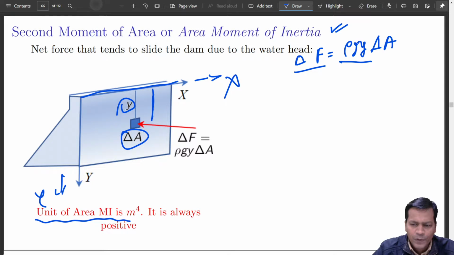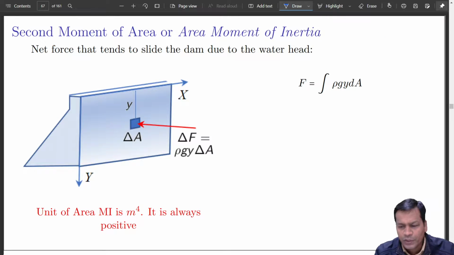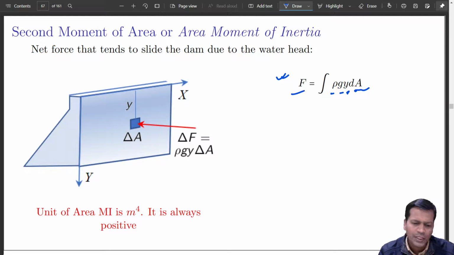So now the total force will be equal to the integral of rho g times depth times small elemental area. The integral of that will give you the total force that acts on this dam, and this is the force that is trying to slide this dam due to the water head.